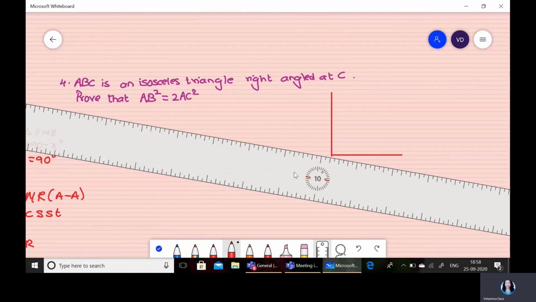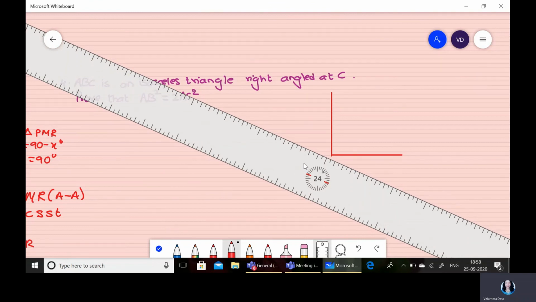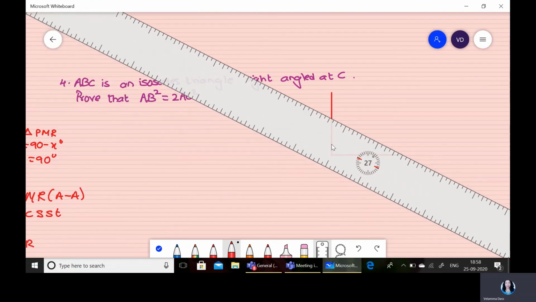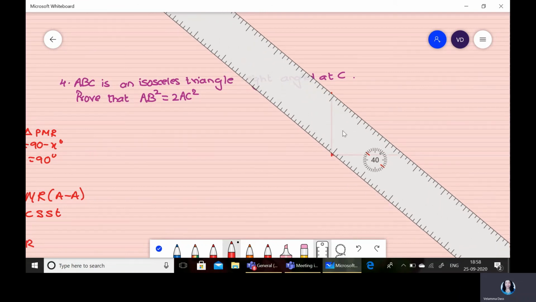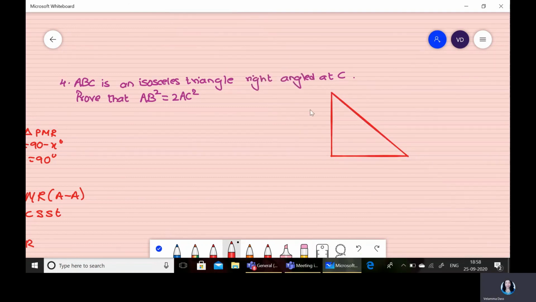Two sides should be equal and the third side in a right angle triangle is fixed, as you all know. That is the hypotenuse. So obviously the base and the height should be the same, because the hypotenuse is the longer side. So my triangle is right angled at C, and I have drawn AB.